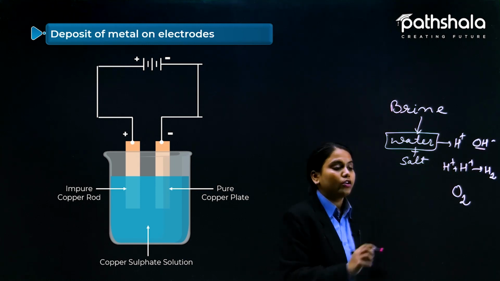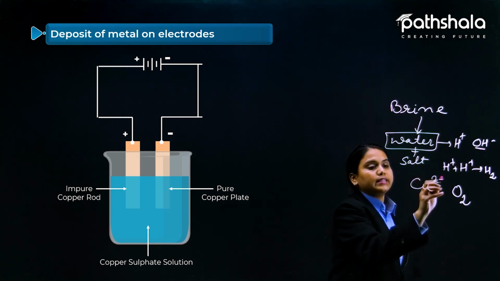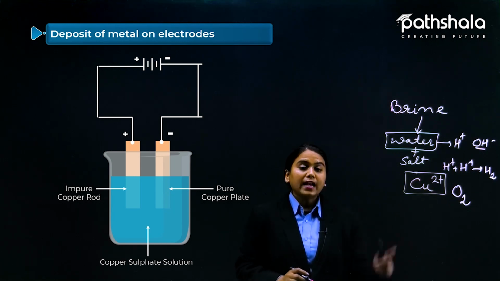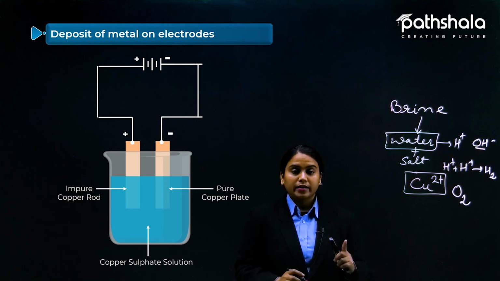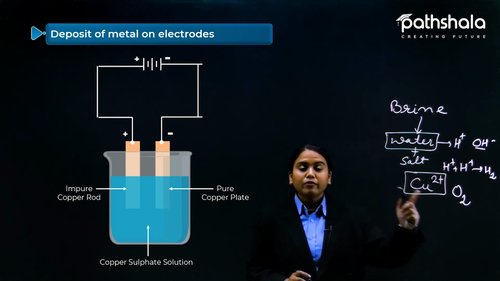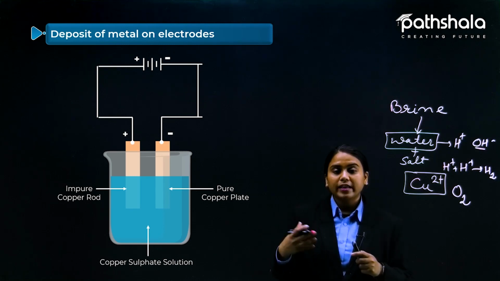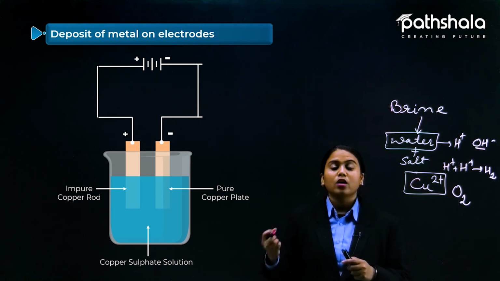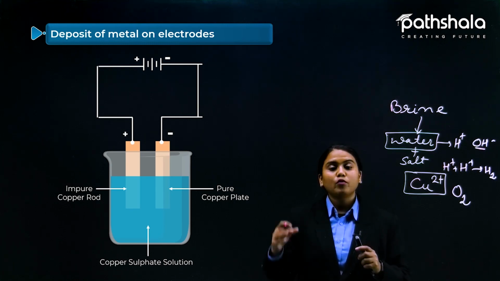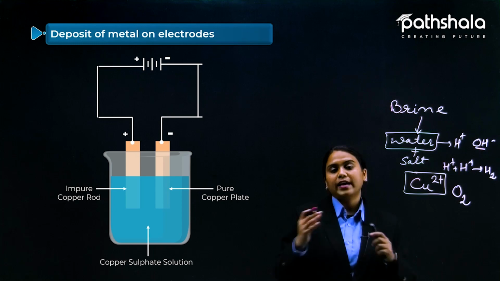You know that copper is a metal and it has an ion, that is Cu 2 plus, which is a positive ion. Now the positive ion will be attracted towards the negative one, and if it is impure, let's suppose we have taken copper ore from the ground, and that is not totally made up of copper. Now we want only the copper part to come out of it.